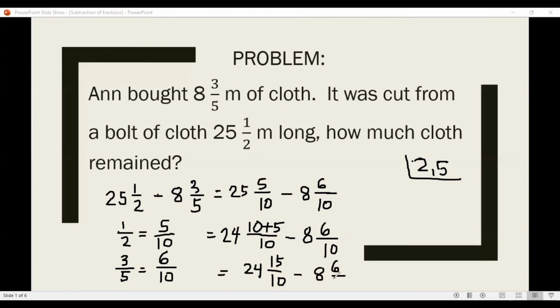Therefore the answer that you will be getting is, subtracting 24 and 8, we will be getting 16, and subtracting 15 and 6, the answer is 9, and we copy the denominator, which is 10, and we have to copy also the unit of measure. So the answer for this problem is 16 and 9 over 10 meters. That's how we deal with subtraction of fractions.